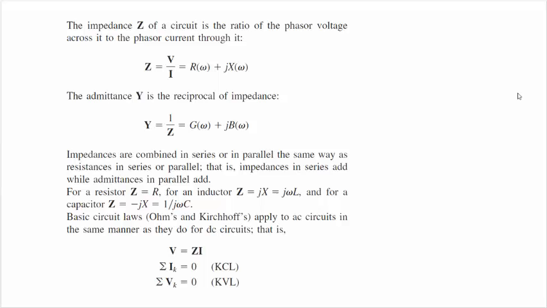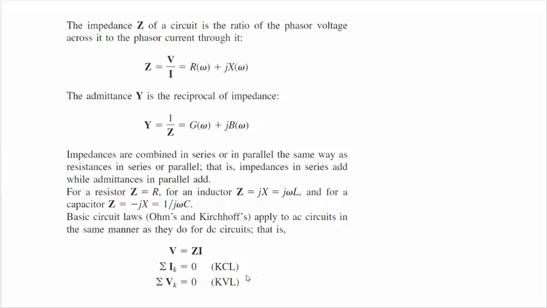So all of the laws that we have learned for these passive circuits, Ohm's law and Kirchhoff's laws, apply to AC circuits the same way they do with DC circuits. That is, V equals ZI instead of V equals RI.